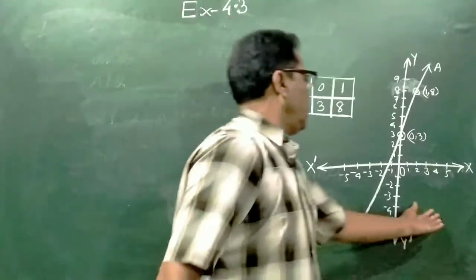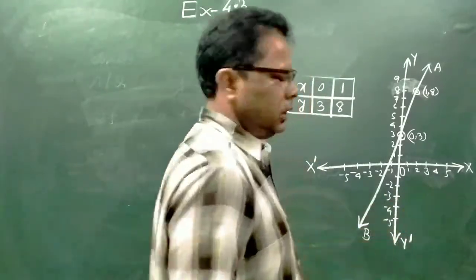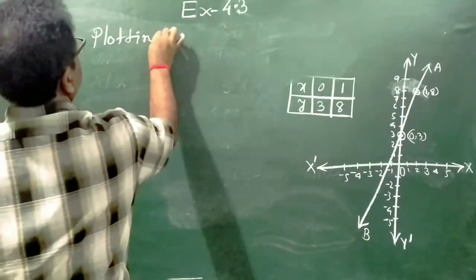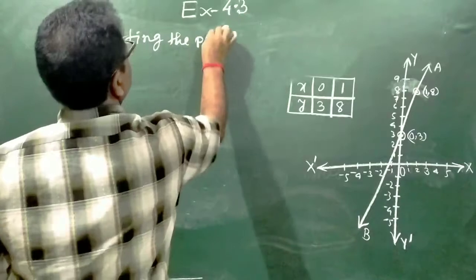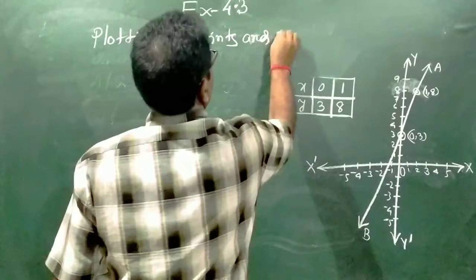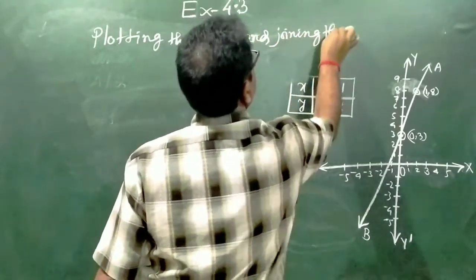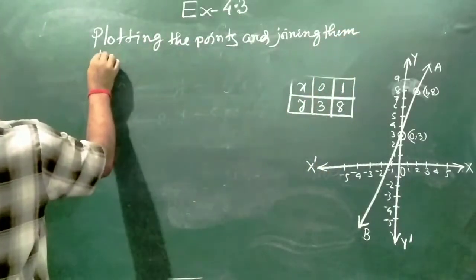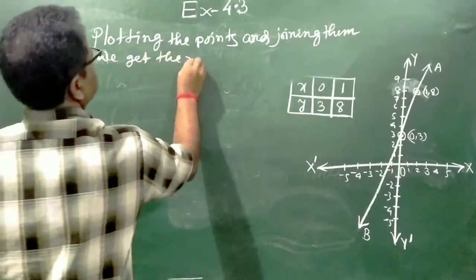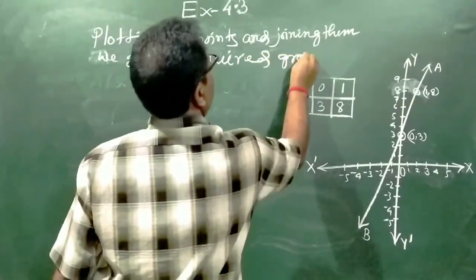So you can write here on the graph paper: plotting the points and joining them, we get the required graph. That's all.